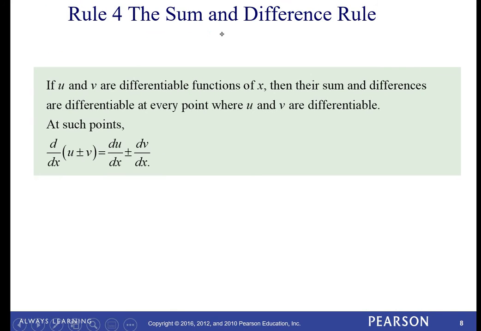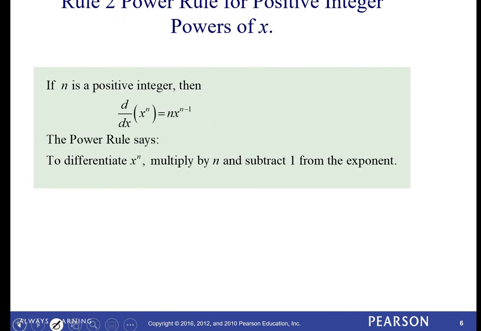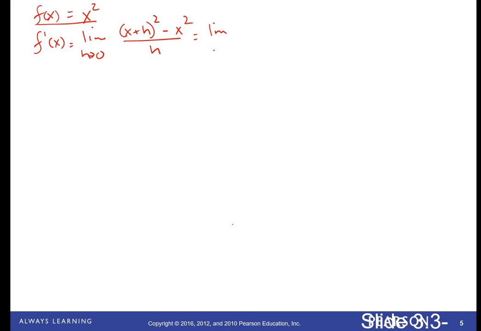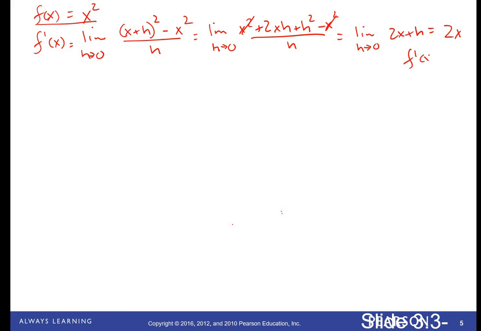This is going to give me the limit as h approaches 0 of x squared plus 2xh plus h squared minus x squared over h. My x squareds cancel. I can simplify this by dividing everything on the top by h. And when I apply my limit, I get 2x. So if f of x equals x squared, f prime of x equals 2x.